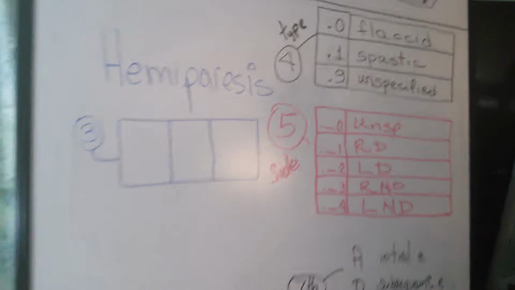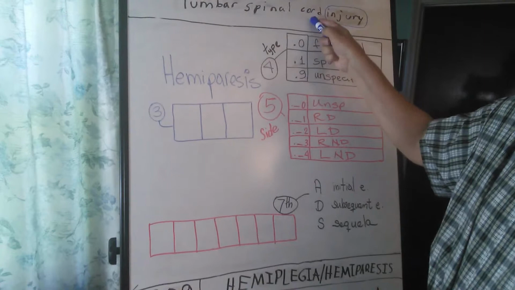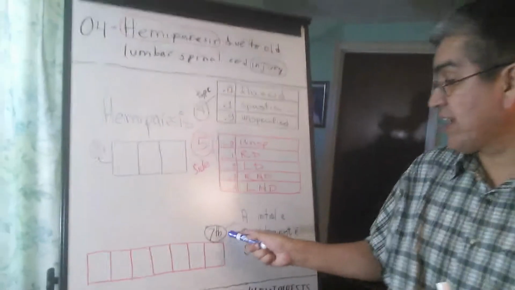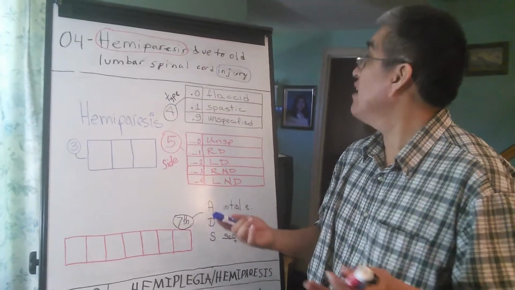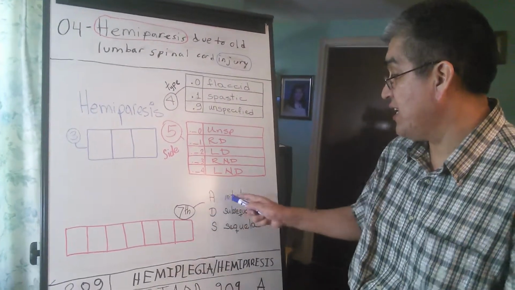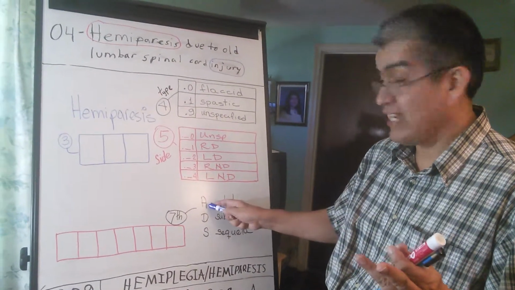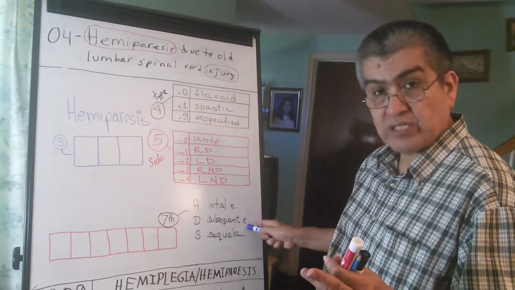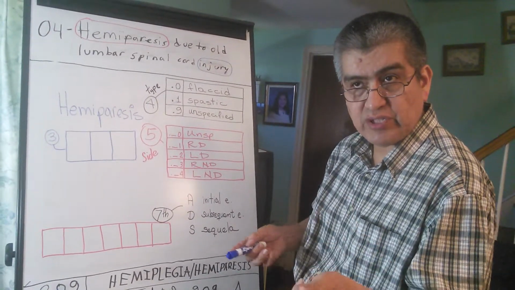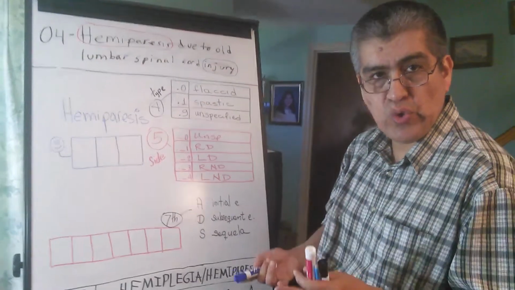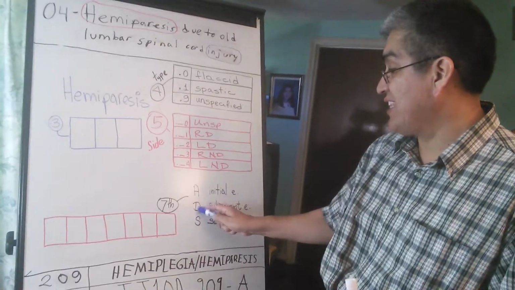Now, for the second code, after we find a code for injury to lumbar spinal cord, there's a 7th character that tells us what kind of code this is. Is this due to an initial encounter? If it's an initial encounter, it's an A code. If it's a subsequent encounter, which means it just happened like yesterday you were discharged, that's a D code.